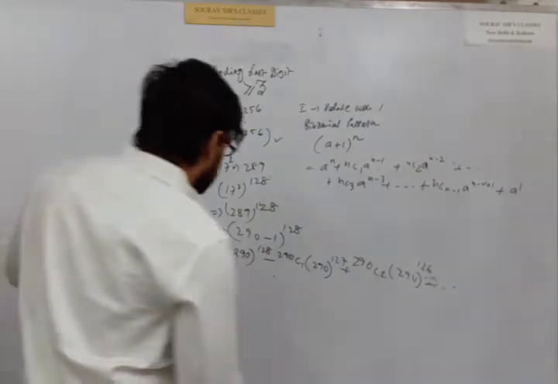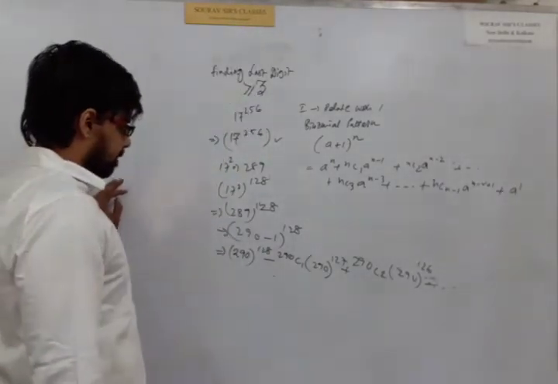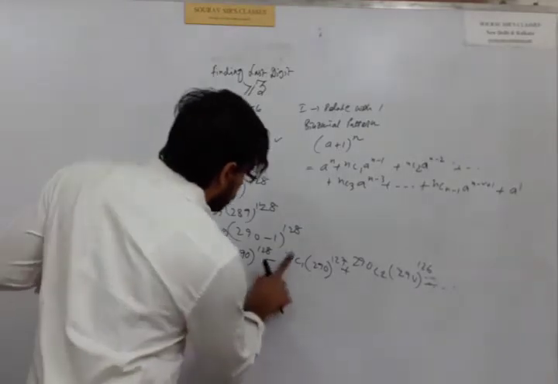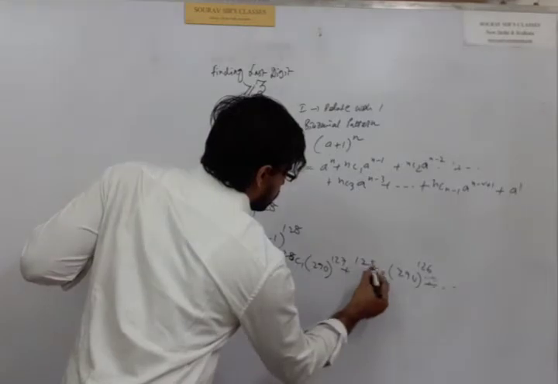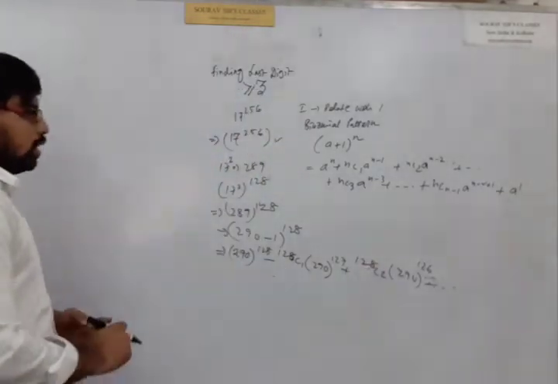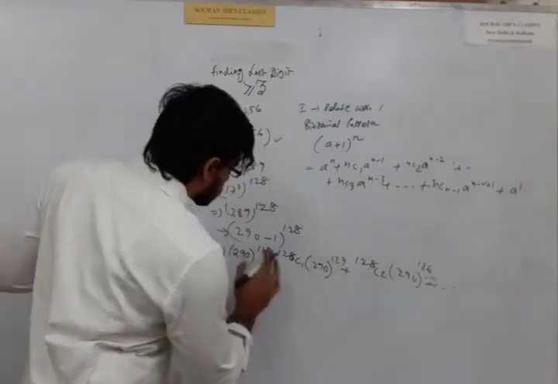128 is the power. Oh, sorry, I made a mistake over here. 128C2. So here the very last terms go in an alternating manner, plus, minus.